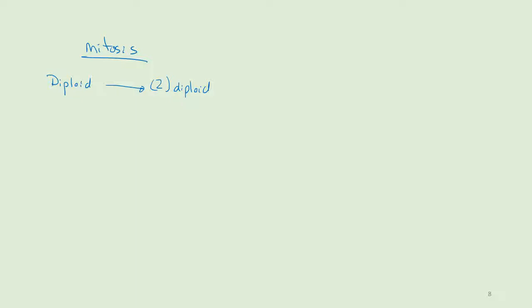And by the way, this is found in eukaryotes. In prokaryotes, we use this process called binary fission. One of the big reasons why binary fission is used by prokaryotes is because it doesn't require all the individualized steps that we find in mitosis, because prokaryotes are really simple organisms.